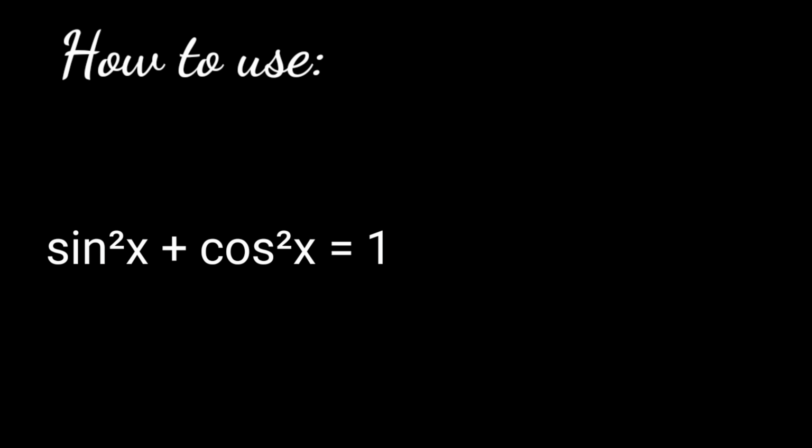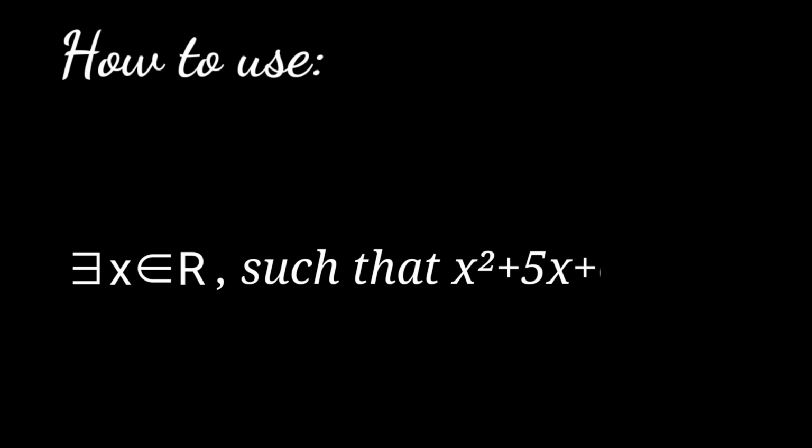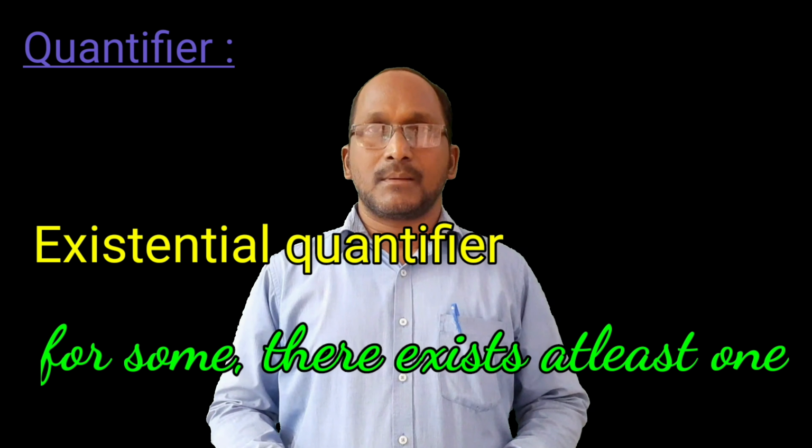When you write a trigonometrical identity, suppose sin square x plus cos square x is equal to 1, we mention that it is true for all x belongs to R. In the same way, when you write any quadratic equation, we write there exists an x belongs to R such that x square plus 5x plus 6 is equal to 0. Like this, children, we can use the notations of quantifiers.